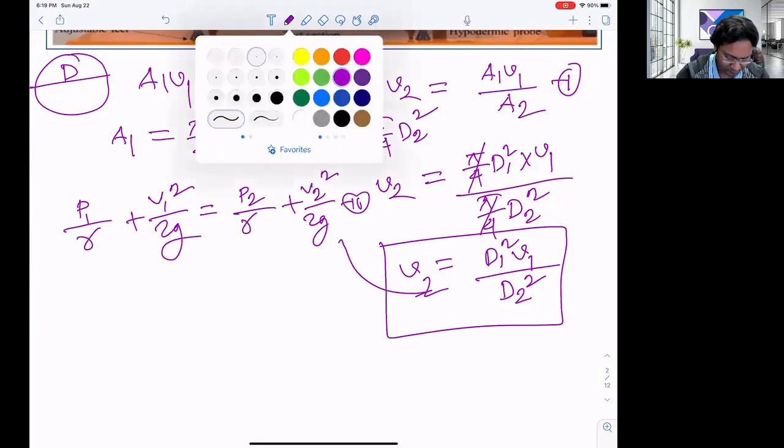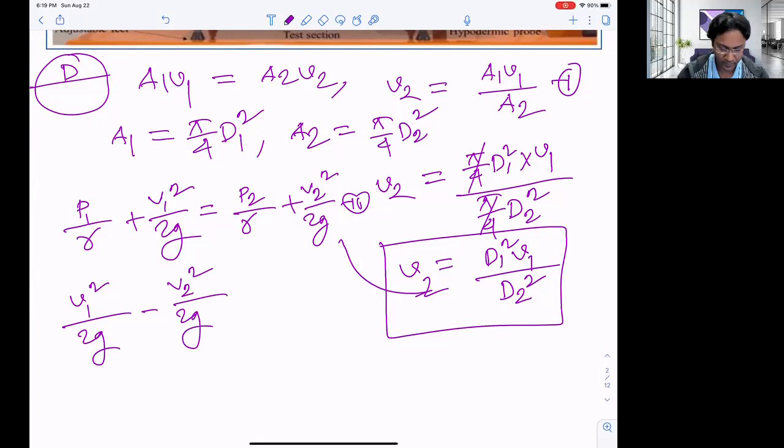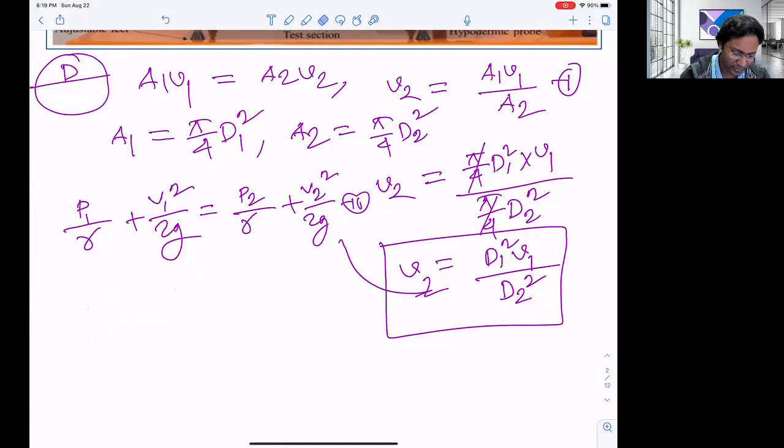We can put V1 squared here over twice g, and we can bring that V2 from the right side and write it this way. Or we can make it reverse if we want to determine the pressure differential for V1. Since we have V2 here, we can write the expression this way.